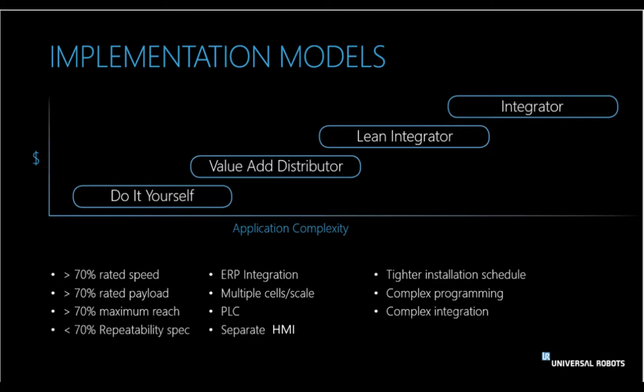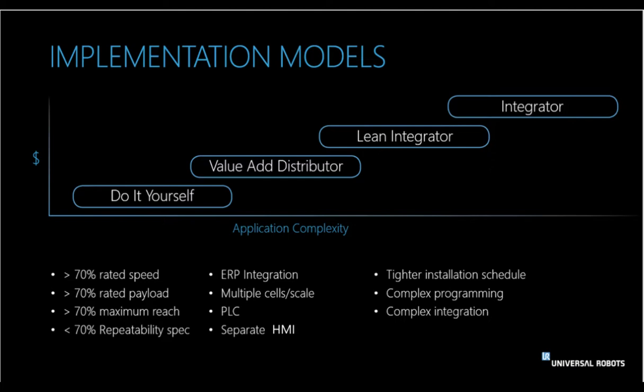The easy problems, however, the technology has enabled many different models to go after those problems. Okay? The simplest is to do it yourself. That's when the customer receives plug-and-play peripherals, the robot in a box, and is able to get up and running and handle their application immediately.